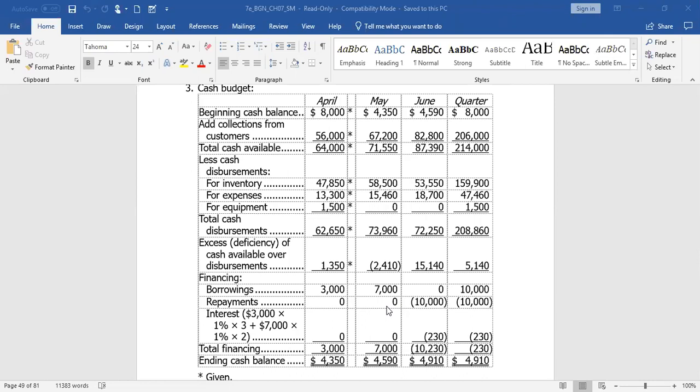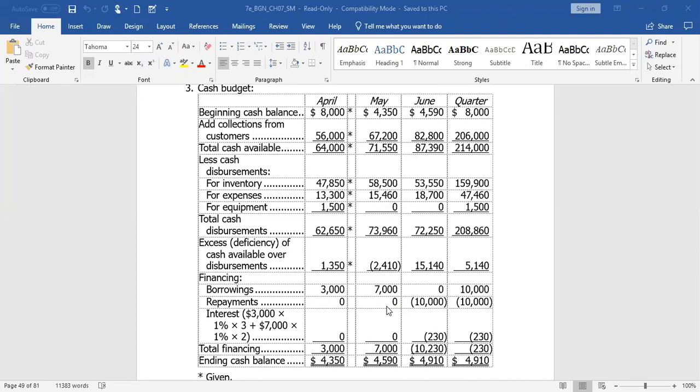Now, the next part of our cash budget says, okay, are we borrowing or paying any loans off? And in Part H, management would like to maintain a minimum cash balance of at least $4,000 at the end of each month. The company has an agreement with a local bank that allows the company to borrow in increments of $1,000 at the beginning of each month, up to a total loan balance of $20,000.